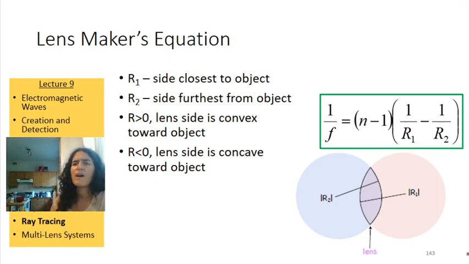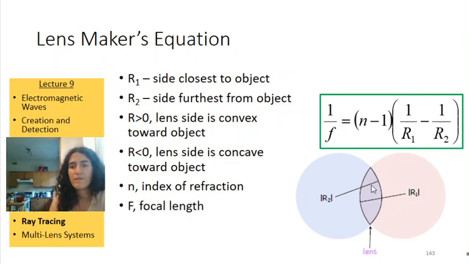And so I think it'll turn out that when it's symmetric and these radii are equal, this doesn't equal 0, it's actually equal to 2 divided by R. N would be the index of refraction of the lens, the material of the lens, and F is the focal length.